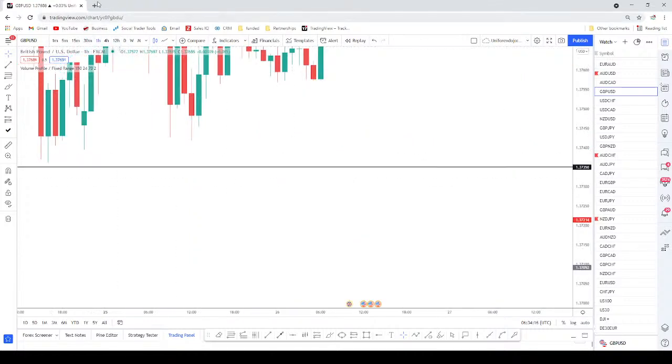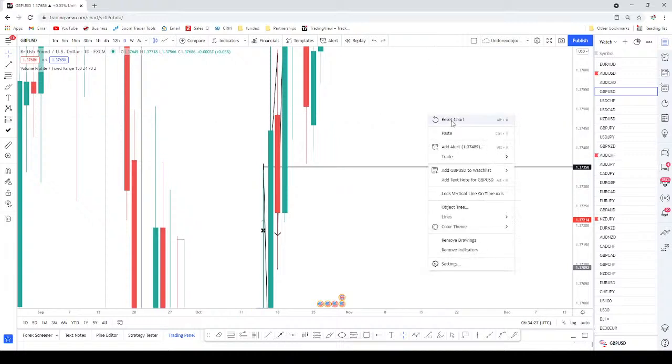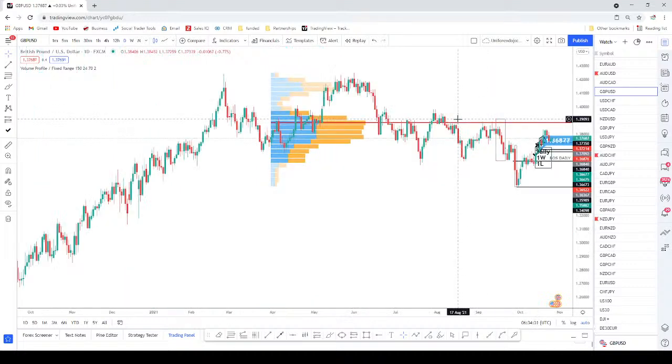Okay, let's take a look at this on the daily and take it from there. AUD USD and the Swiss franc JPY. Okay. Just hold on a sec.